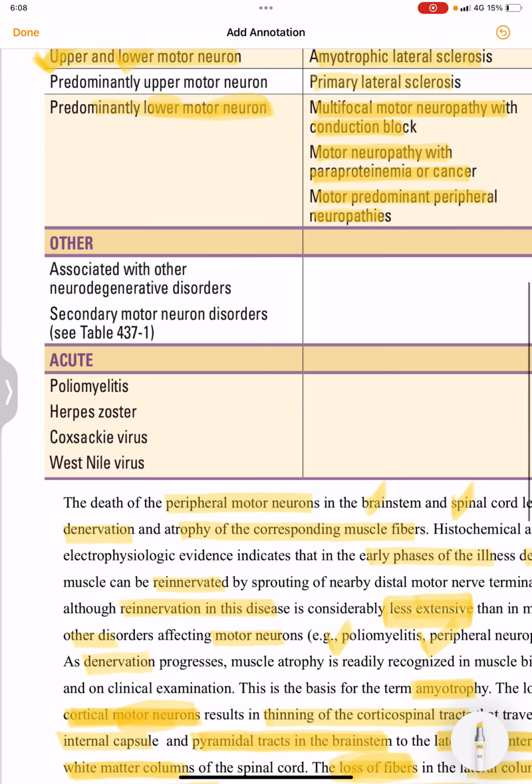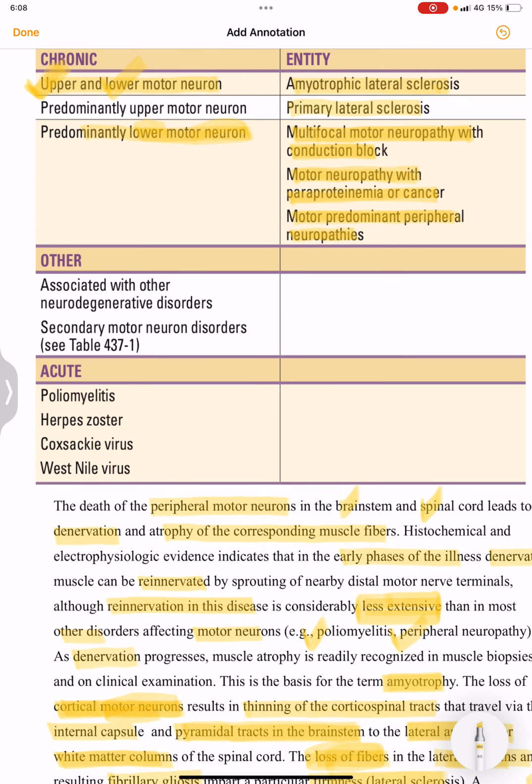What is poliomyelitis? This also affects the lower motor neurons, but it is an acute process, as in poliomyelitis, herpes zoster, Coxsackie virus, and West Nile virus. All these viruses involve the lower motor neuron, and it is an acute process.